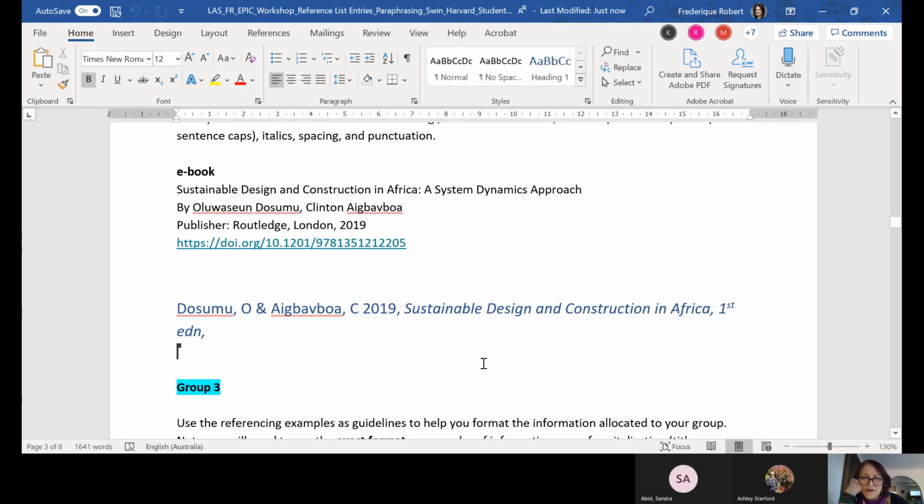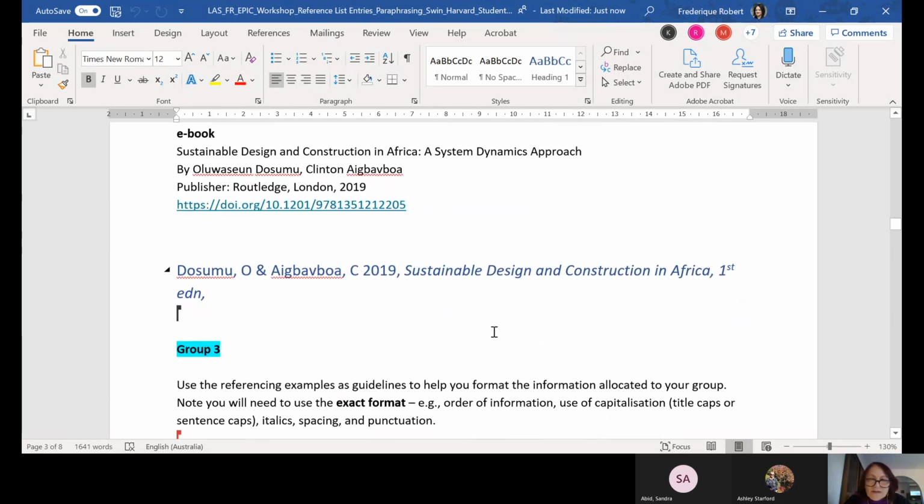Depending on the amount of time, I would like them to work on the paraphrasing activity, so I might have a look at this quickly afterwards.